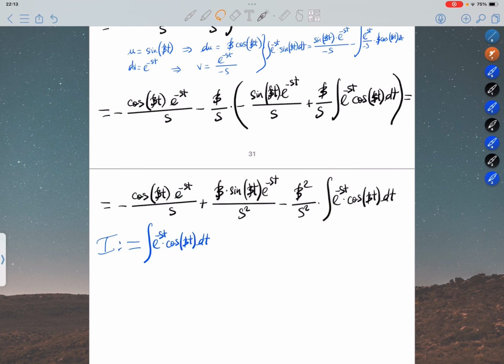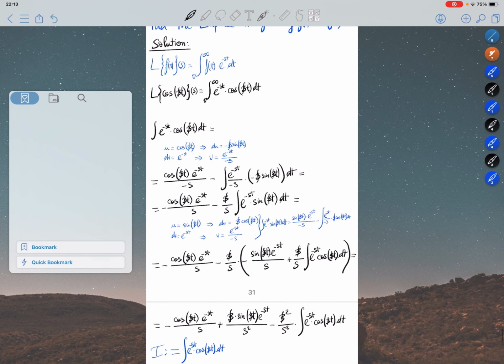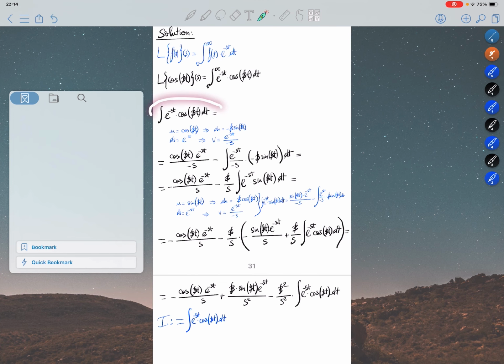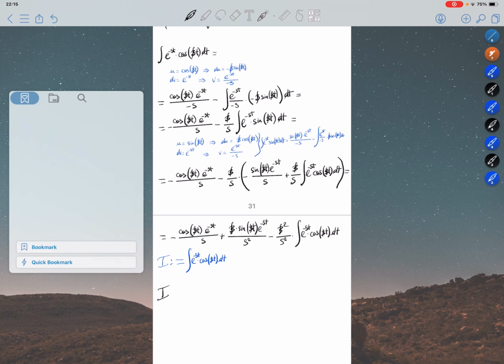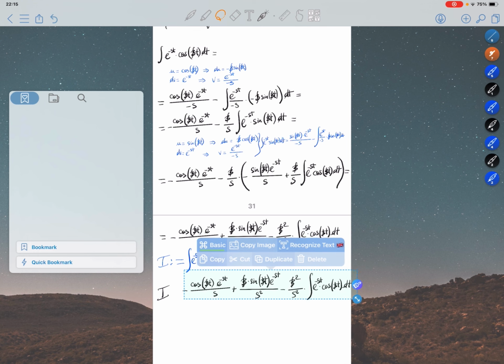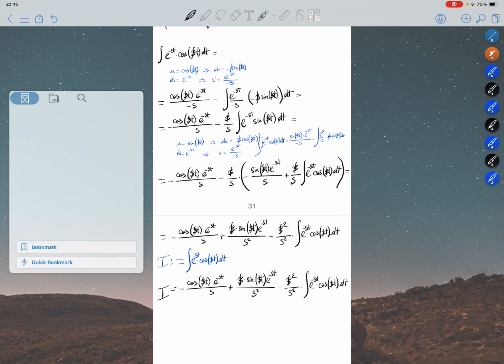Now what we're going to do is substitute I by what we got. So we make the equality and then substitute this by I, right? So I, which is the first one here, is equal to this last one that we got here. Let's duplicate it. So I is equal to this, but this part here we substitute by I, because we said that I is defined to be the integration of e to the power minus st times cosine of beta t, right?